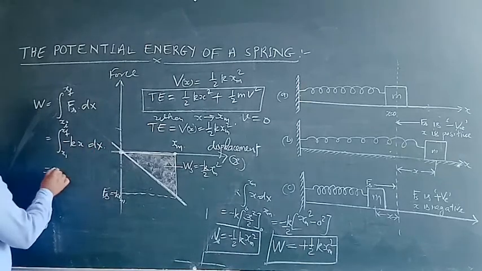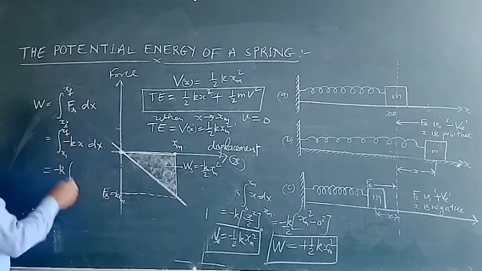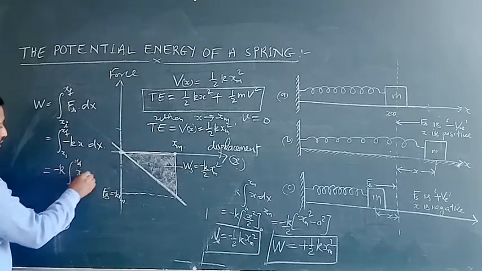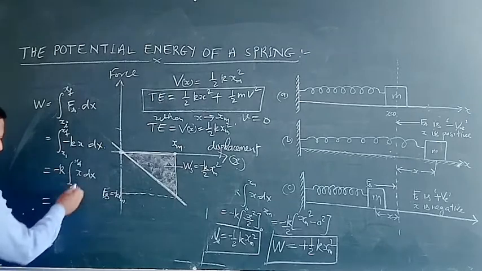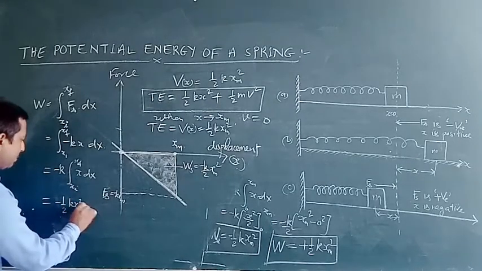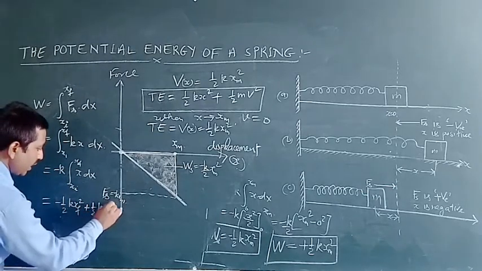From here, if we take minus k outside the integration because it is constant, we have the integral of x dx from xi to xf. So we can write it as minus half k xf square, and minus becomes plus half k xi square.